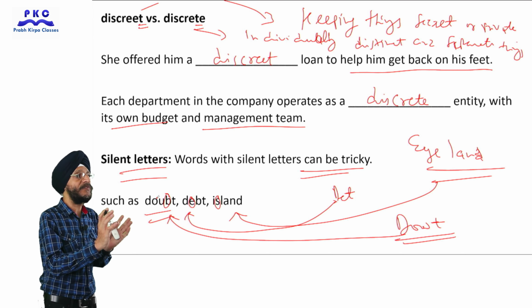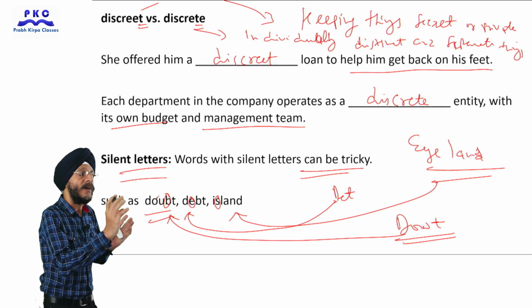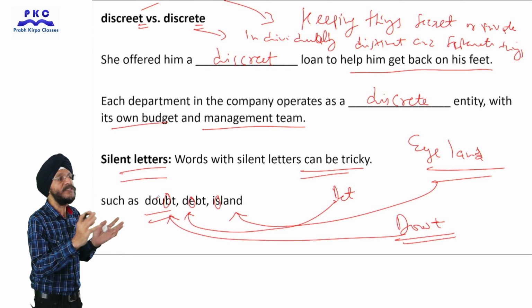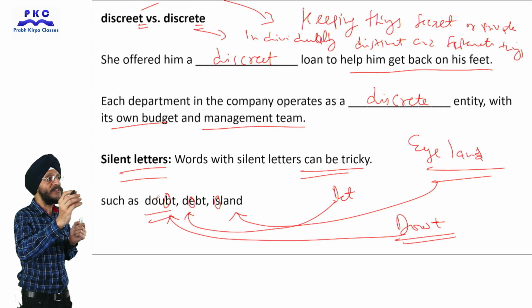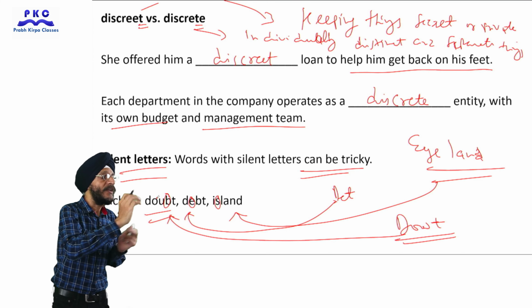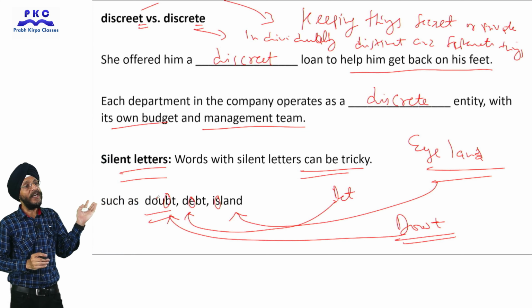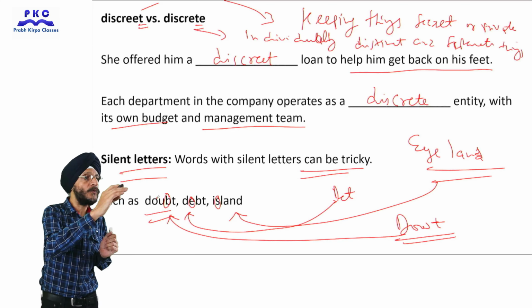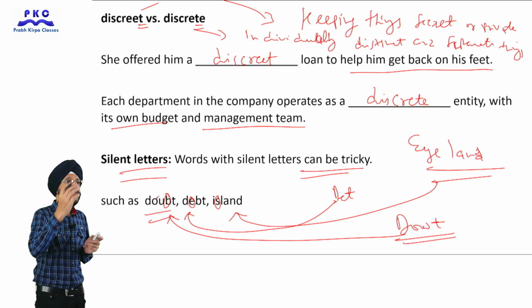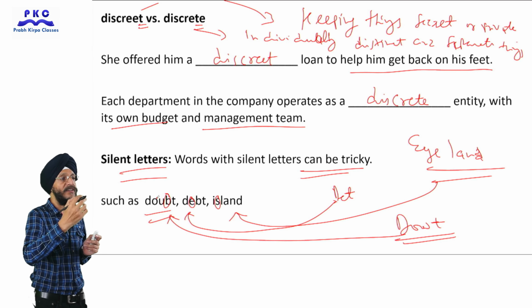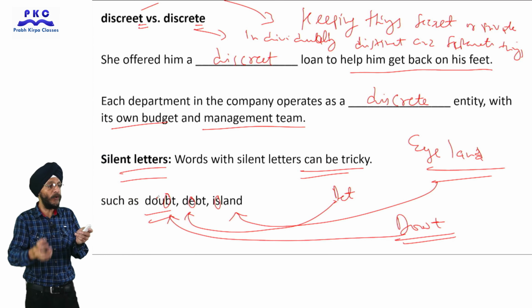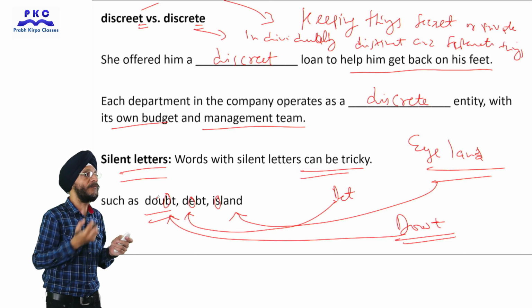So these silent letters are also tricky for us, and we must understand which words have some silent letter in them, so that we can make proper use of the same words in our writing, so that our message is clear, brief, to the point, and there is no confusion in the mind of the reader as to what we want to convey.